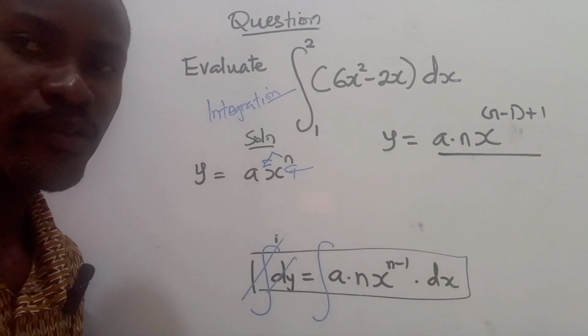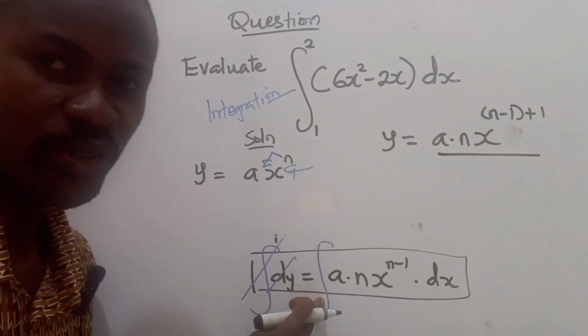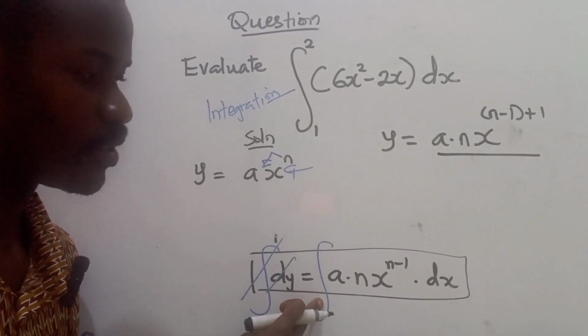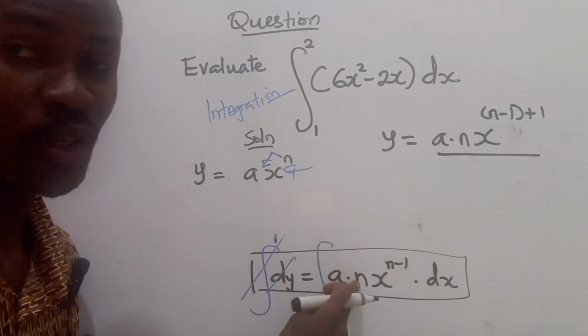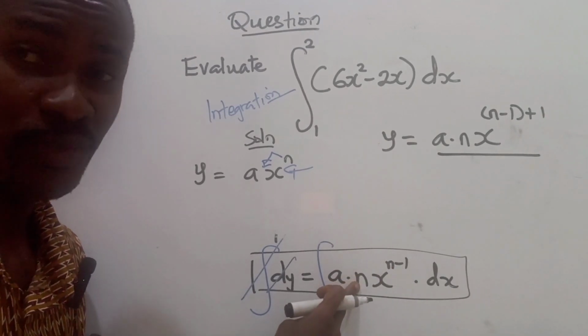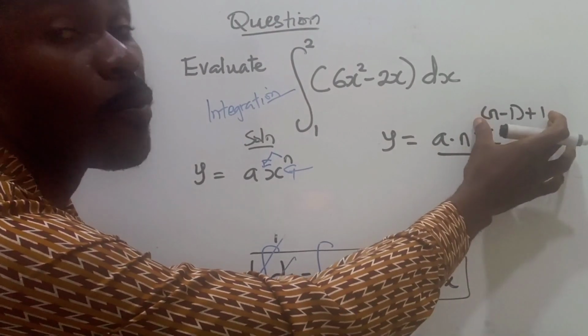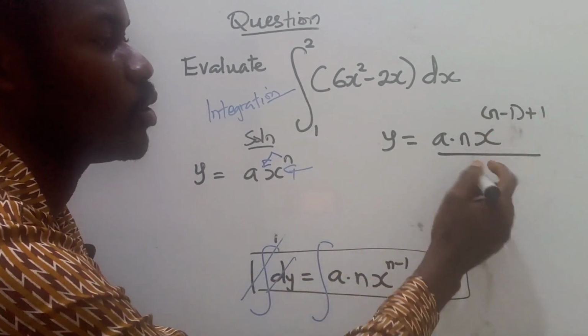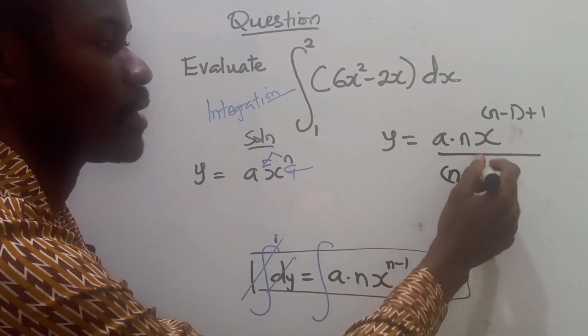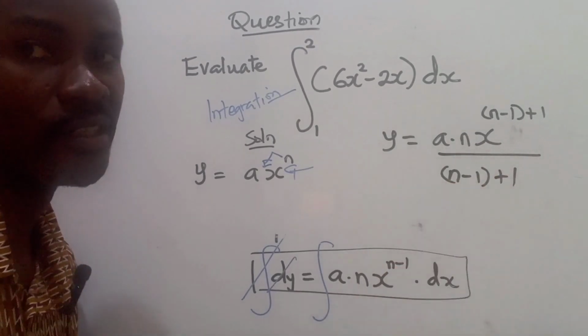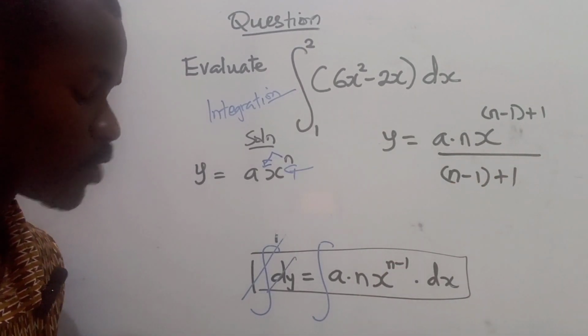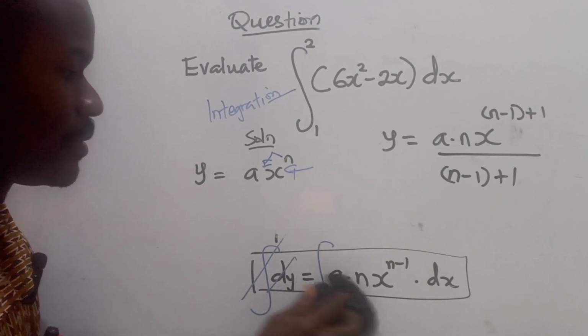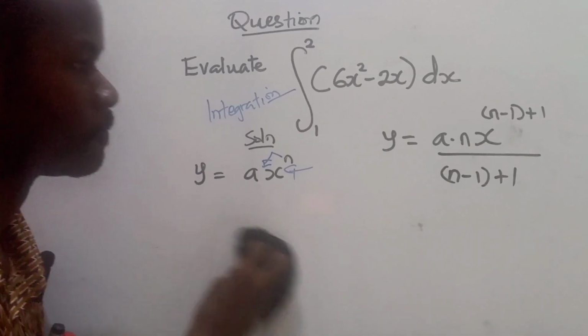For integration, you divide. For differentiation, we use the power to multiply, but for integration, you use this whole power after adding the 1 to divide. So I have n minus 1 plus 1 to divide.